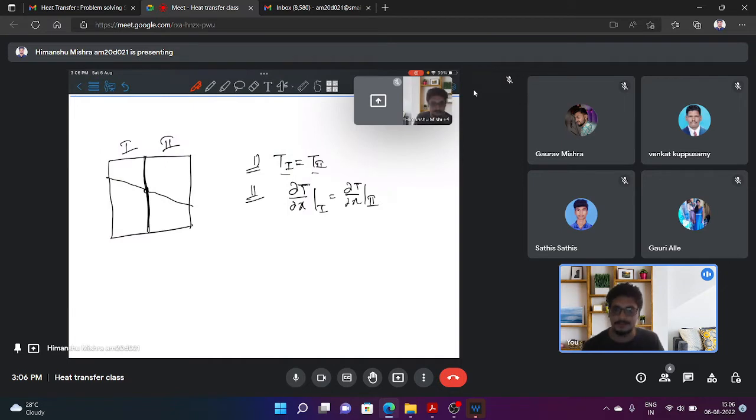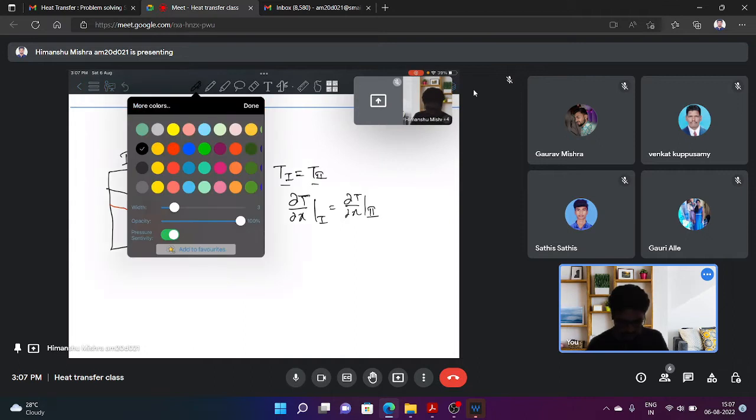So if there is contact resistance and the surface is not smooth at all, then there will be some temperature drop at the contact of the two slabs. So this is my TA, let's say, and this is my TB.